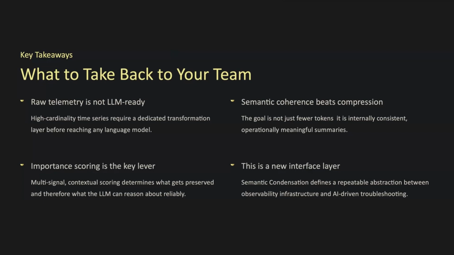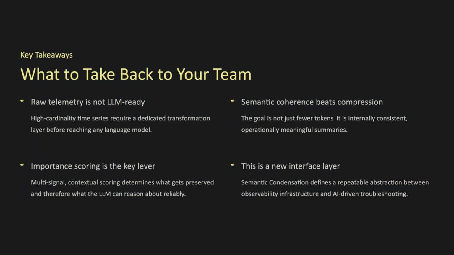And semantic coherence beats any normal compression strategy out there because you're not just focused on cutting down the noise or the tokens, but you're doing it in a way that helps to allow the LLM to reason better. And importance scoring is the key factor over here because that gets to decide what the LLM sees and what it gets a minor context about.